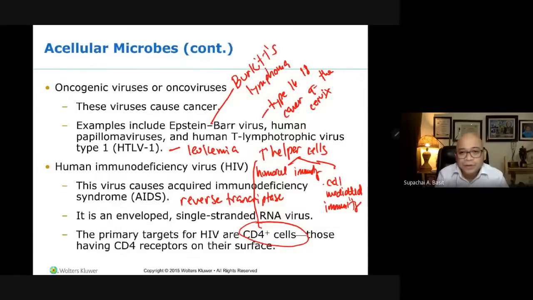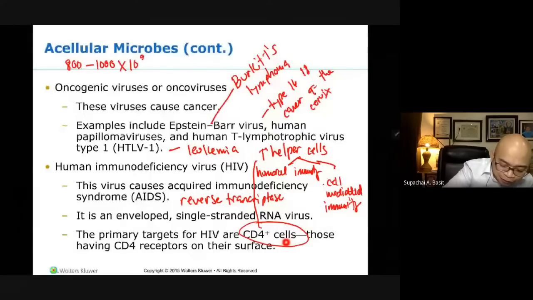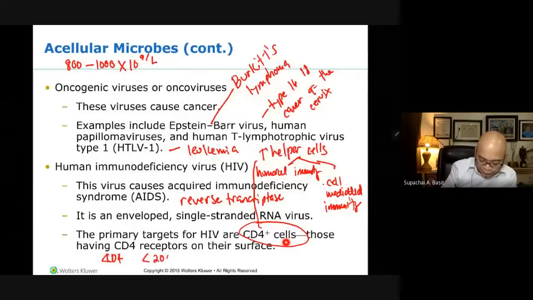Okay, so normally we have between 800 to 1,000 times 10 to the 9 per liter of CD4. However, once your CD4 level falls below 200 times 10 to the 9 per liter, you will now have AIDS. And AIDS is characterized by the presence of various opportunistic infections.